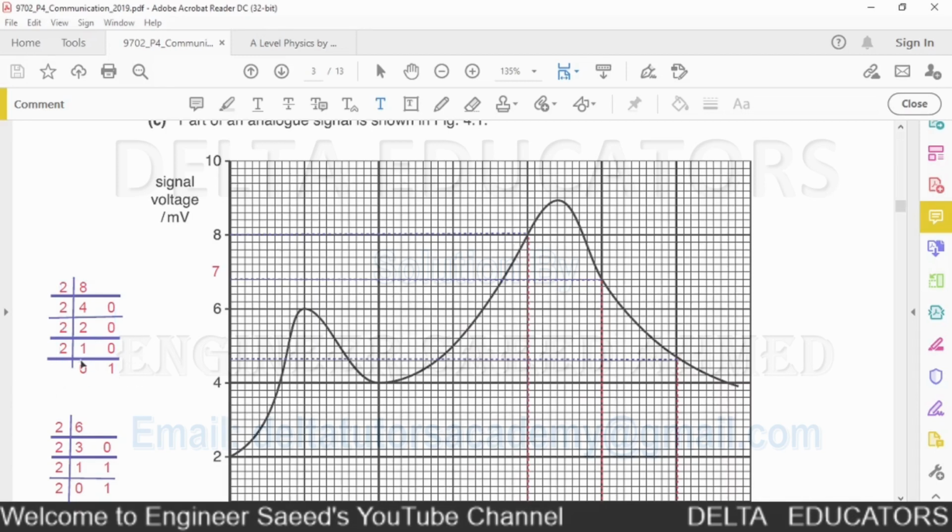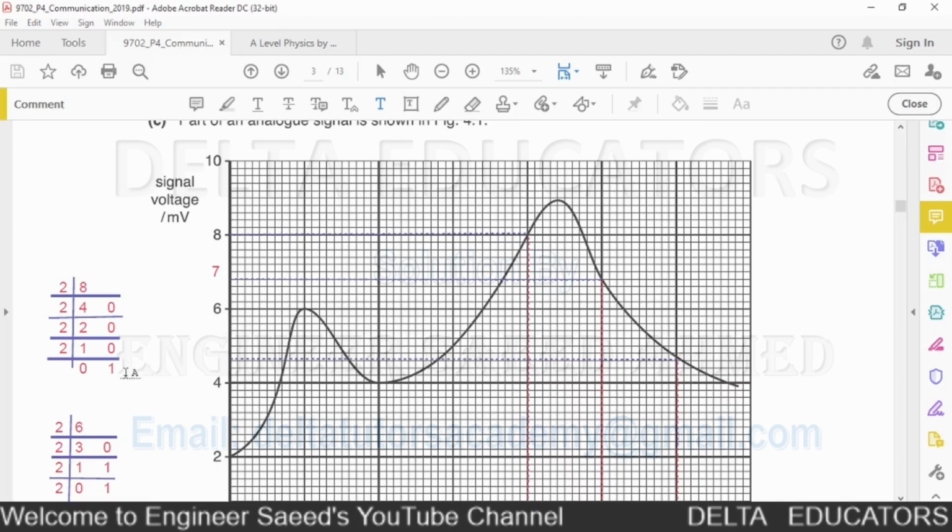Now when we divide 1 by 2, it is not divisible because 1 is less than 2. So we get 0, and the remainder is 1. Now how do we write the binary number? We have to write these remainders from bottom towards the top.